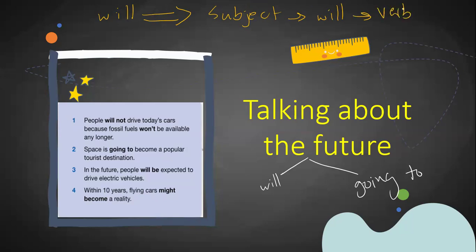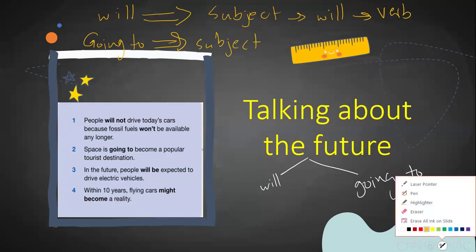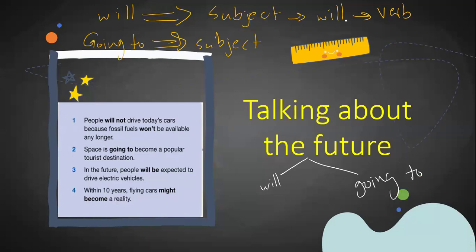What about going to? Going to is formed like this. The subject, then, and what before going to? We have to put a verb to be, okay?